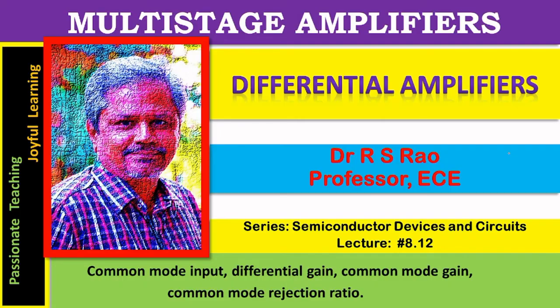In case of ideal differential amplifiers, it assumes infinite value, but in reality, it is not so. It remains finite. Of course, with good design principles, one can make it as large as possible.